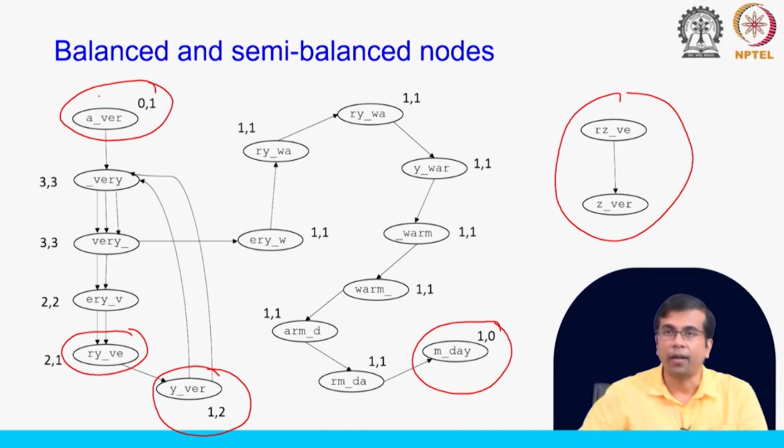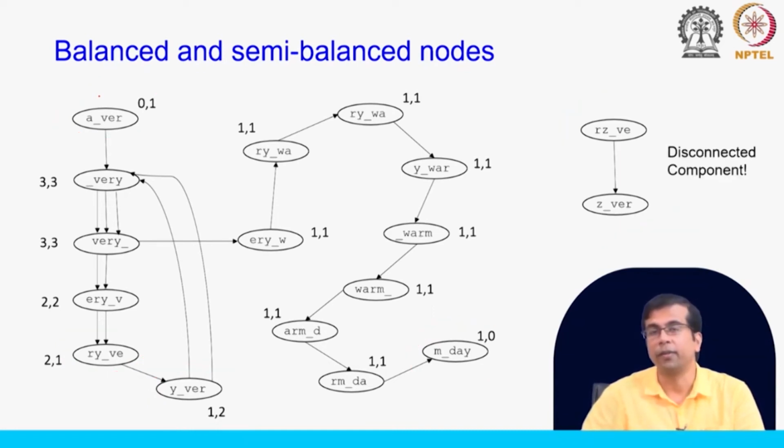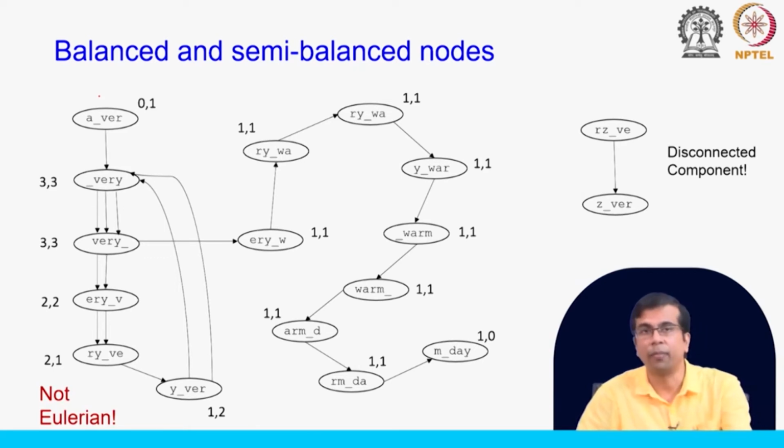On top of that, you have this disconnected component, which we cannot do anything about, and we might simply keep it, since we cannot really derive anything. As you can see, sequencing errors can again disrupt the assembly process. And as I mentioned, the biggest component is not Eulerian because of the reasons we just discussed.